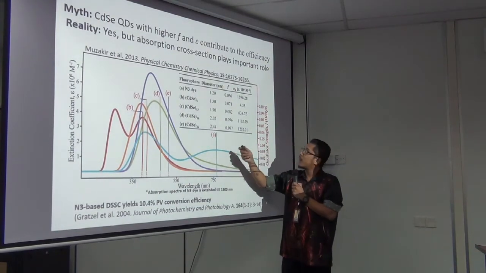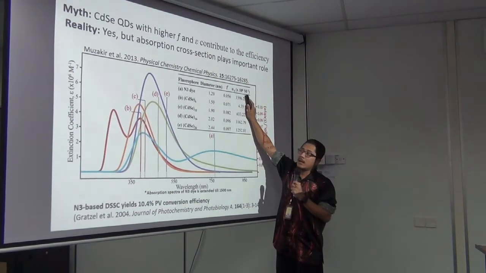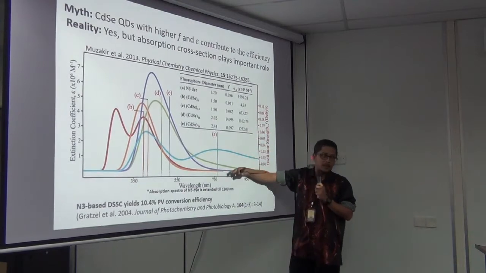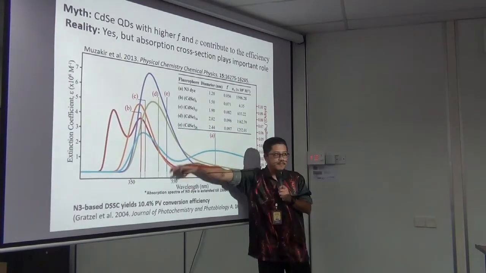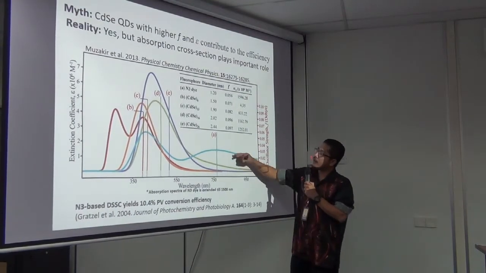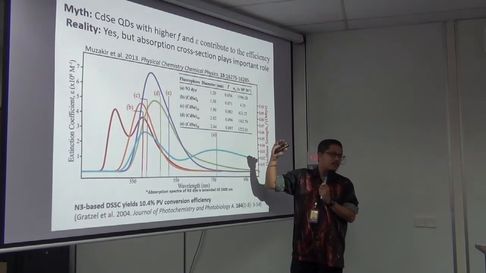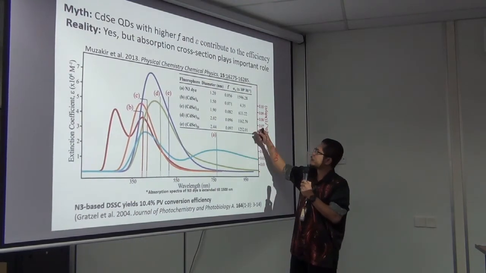That is why we need the other angle, which is to look from the alpha A. Alpha A is the absorption cross section, the area under the graph. So we have to integrate to find the area under the graph.